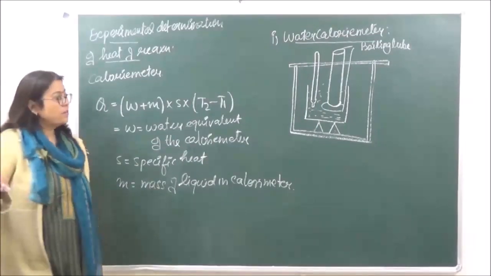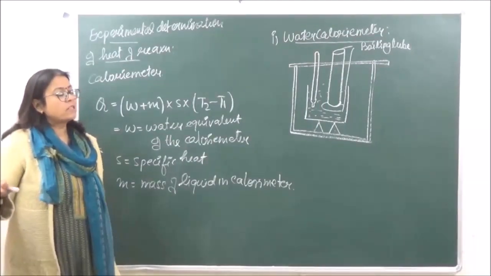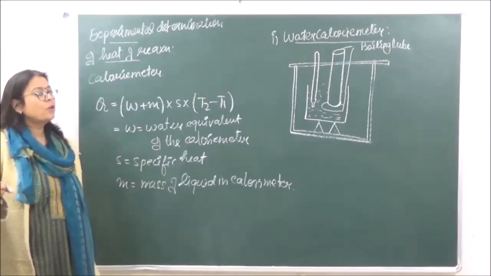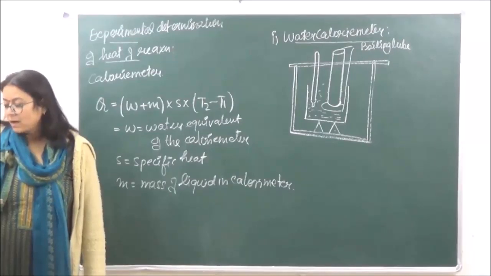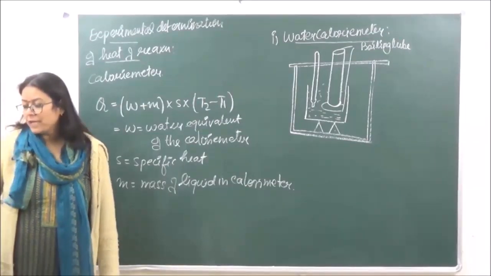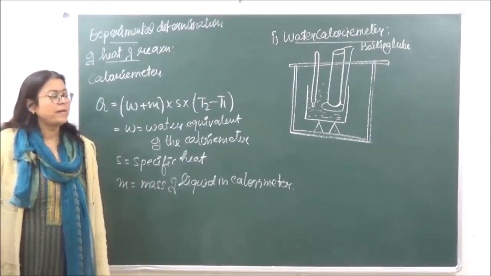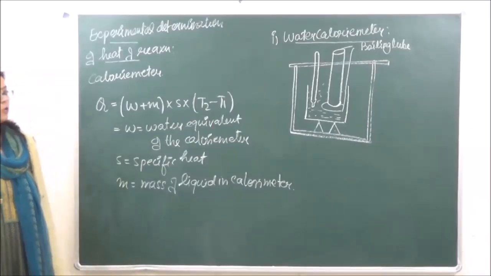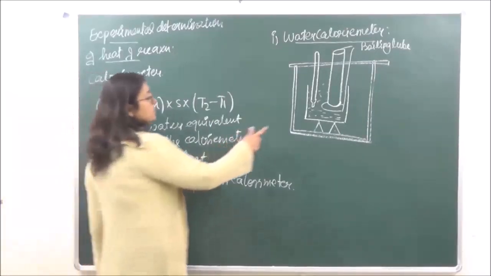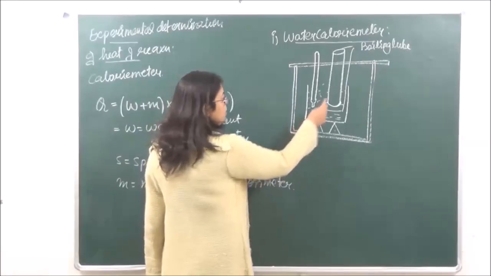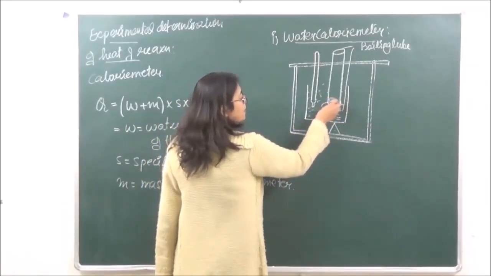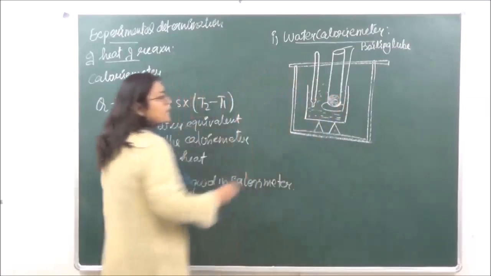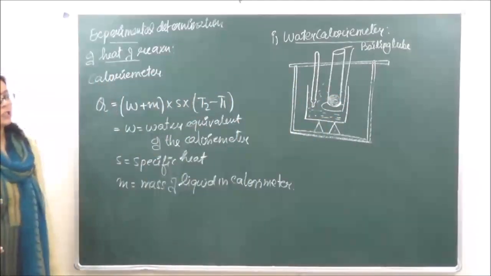Now the water which we are taking in this beaker should be a specific, known amount of water, and a known amount of the reacting substances is going to be taken in the boiling tube. So the water we have taken over here has to be measured first. And when we are taking the sample inside this tube, we should also know its mass initially.